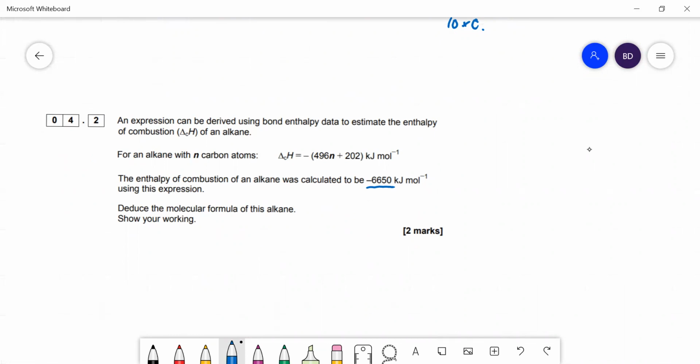So delta H, they tell us, is minus 6650, so that's minus 6650 is equal to minus 496N plus 202. Right, let's get rid of those brackets. So that's going to become minus and minus 202.